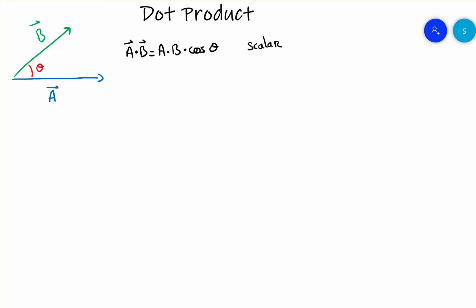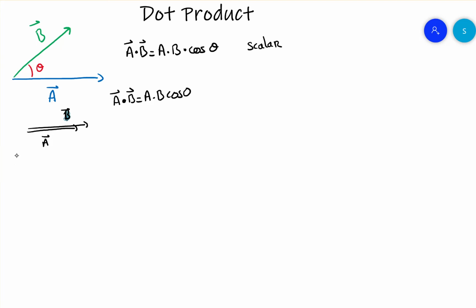If we look at two specific configurations: if A and B are parallel to each other, we have A dot B equal to A times B times the cosine of the angle between the two vectors, that is 0.